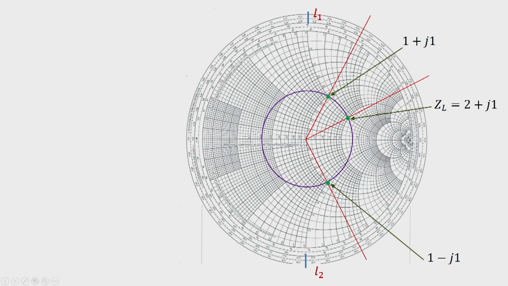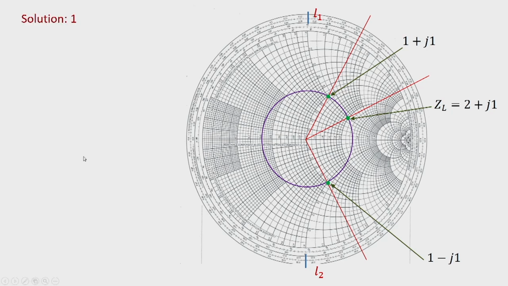And similarly, from this open circuit point, if we move towards the generator, this is the point where we get minus 1 reactance, and this is the length L 2. Now, these lengths L 1 and L 2 can be seen to be 0.125 lambda, and this one will be 0.375 lambda.